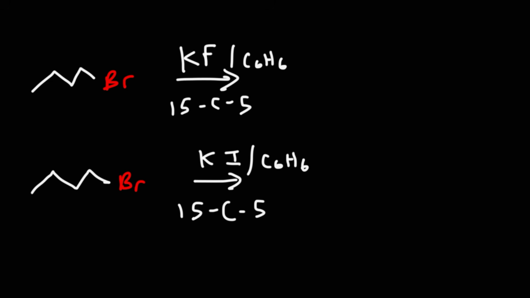Looking at these two reactions, which one would you say is more reactive in an SN2 reaction? This is going to be SN2 because both alkyl halides are primary, and we have a polar aprotic solvent which favors an SN2 reaction. But which of these two reactions will react faster?